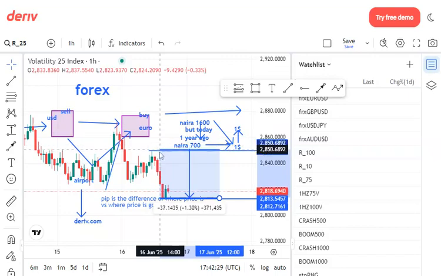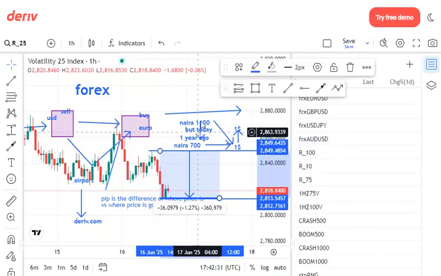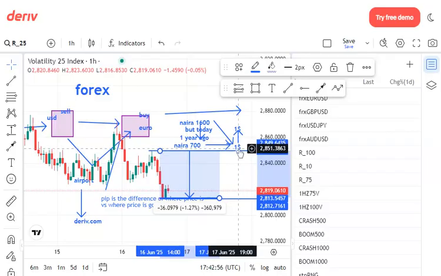If we subtract 700 from 1,600, we're going to have 900 naira as our profit. And that was if you bought $1 with 700 naira.